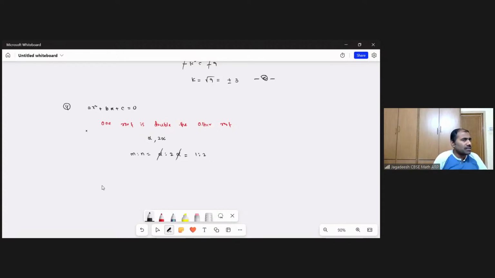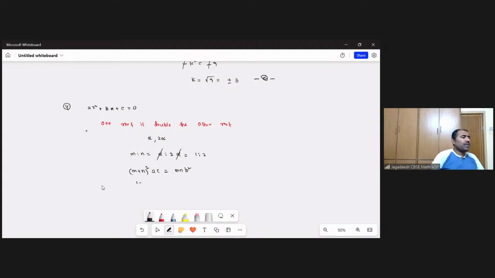If the roots are in the ratio m/n, the condition we discussed and derived yesterday is (m plus n) whole square times ac equal to mn times b square. Where m is now 1, n is 2.